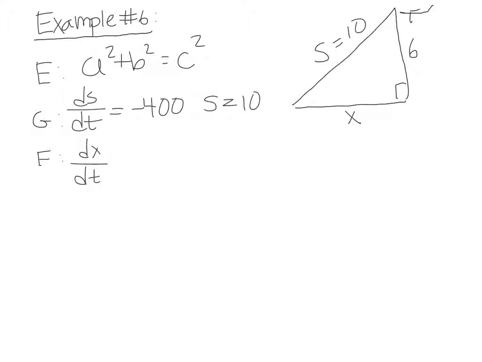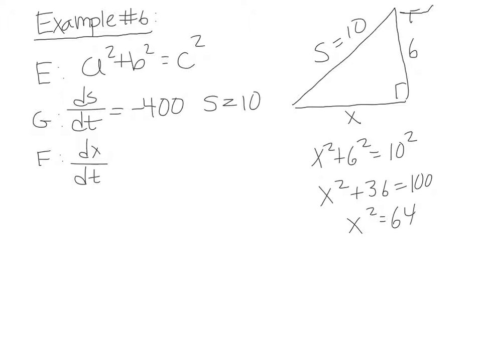I would know that x squared plus 6 squared would have to equal 10 squared. So that would be x squared plus 36 equals 100. x squared would equal 64. So x would equal plus or minus 8, but I am only dealing with the value that is positive because x has to be positive. So I do know that my x value is 8.